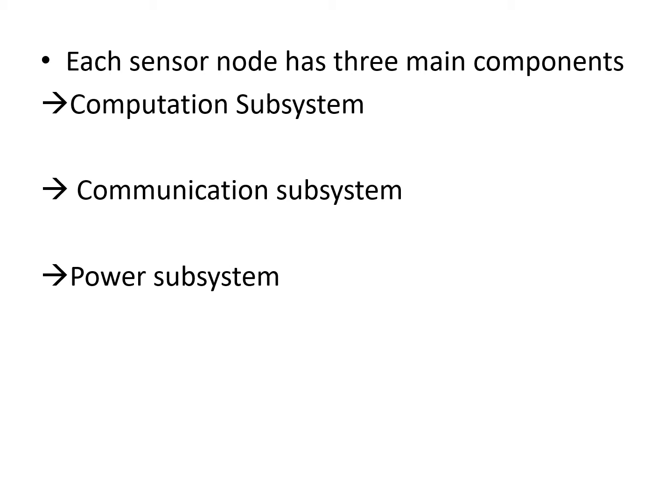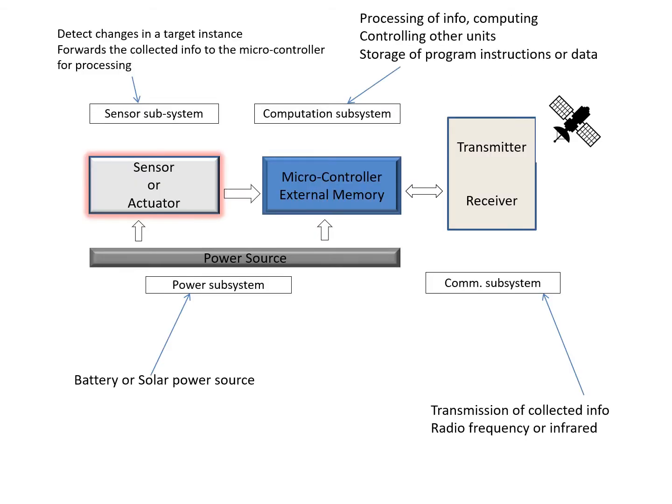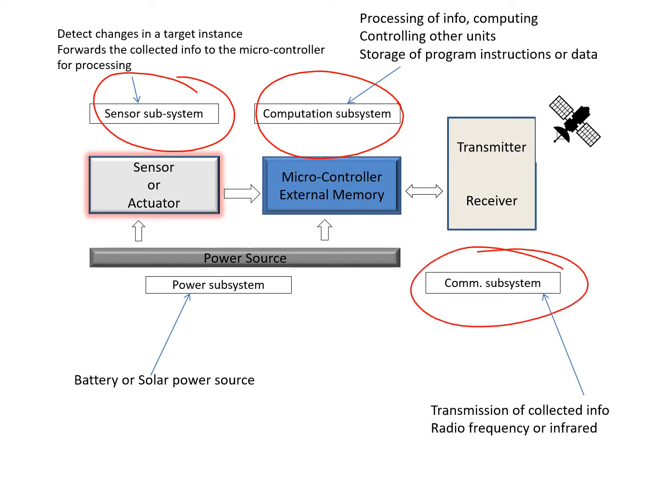Now, these components can be summarized in a diagram where we'll see how these components are connected. So we go ahead and say that this is the sensor subsystem, and this is the computation subsystem, and this is the communication subsystem, but also this is the power subsystem, as we've said.